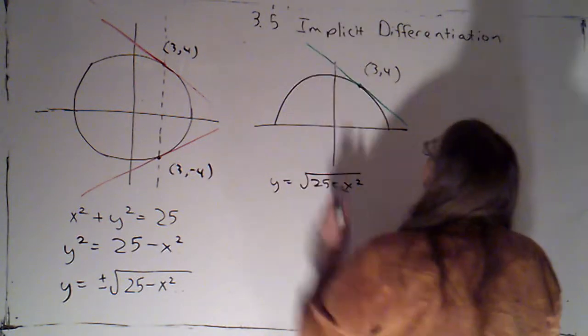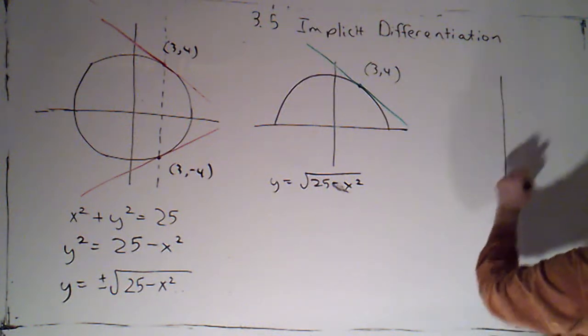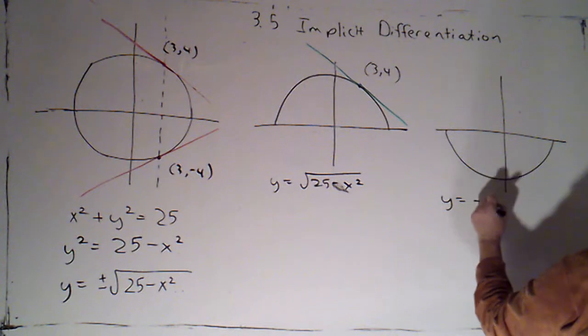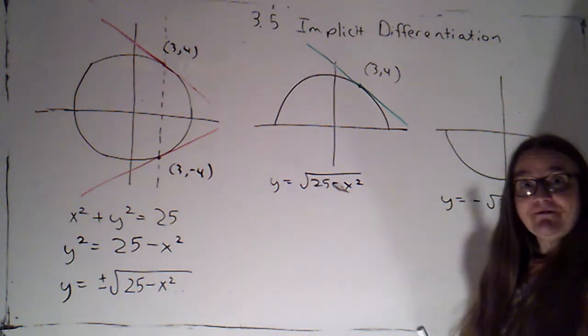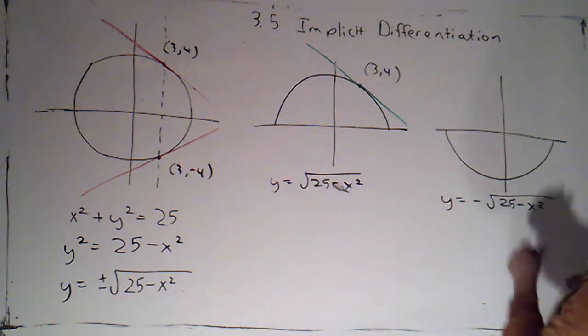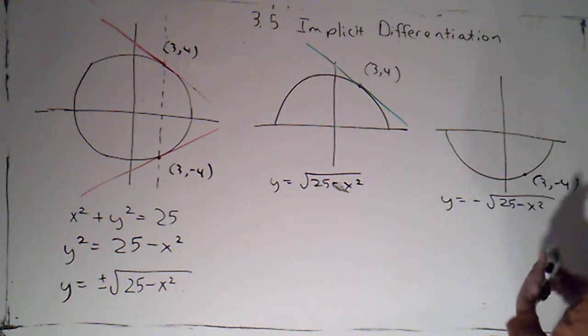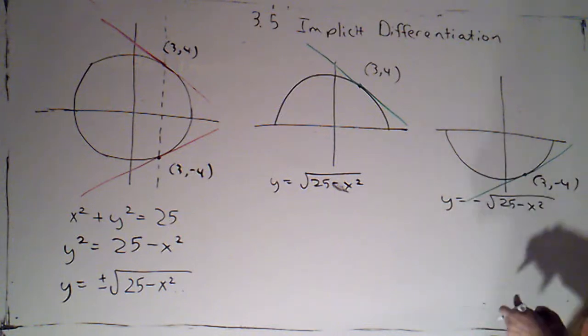And if I look at y equals negative the square root of 25 minus x squared, that's a function that describes the bottom half of the circle. So I could use that to find the slope of the tangent line that passes through the point (3, negative 4).